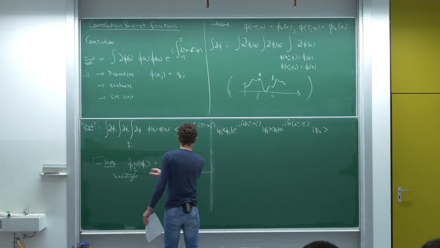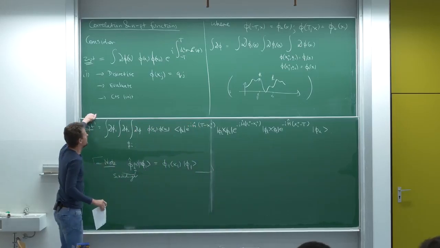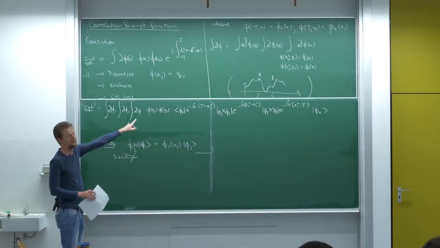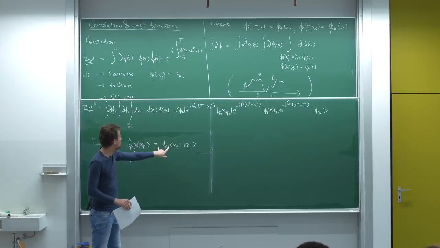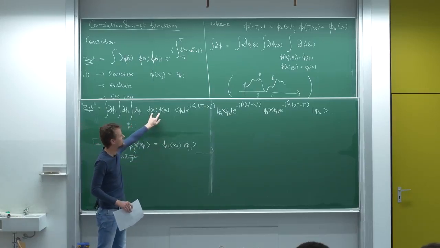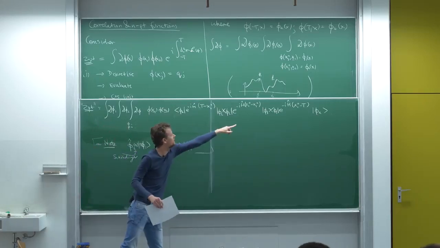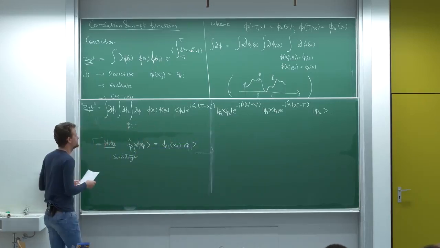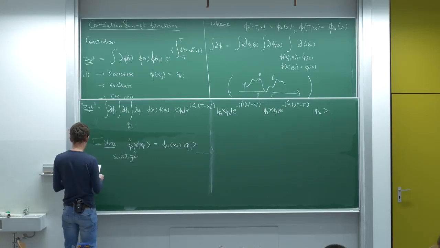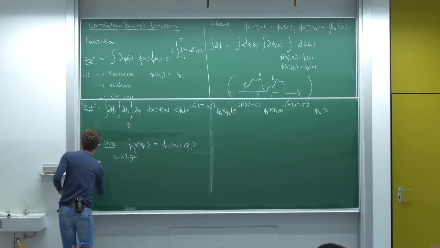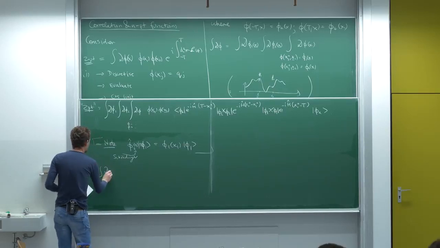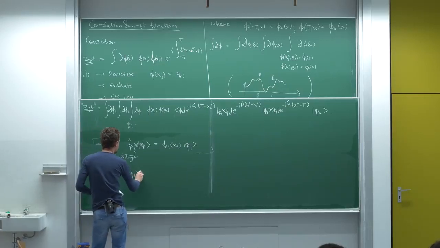This is an intriguing observation. How is this useful? Well, what we're going to do is we're going to exploit this to undo this equation and put field operators in here and over there. Fabulous. Oh, it's also worth noting that we have a completeness relation.